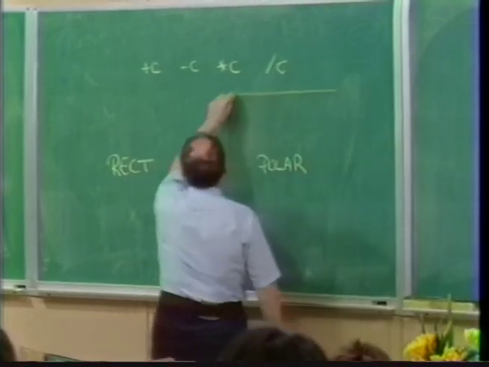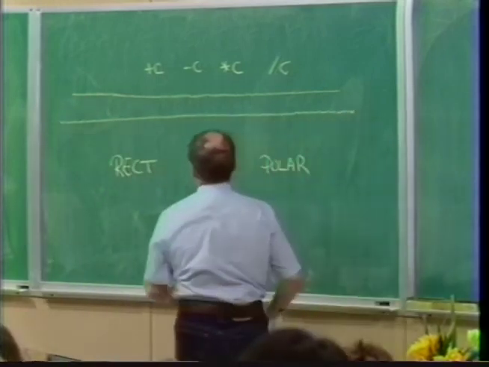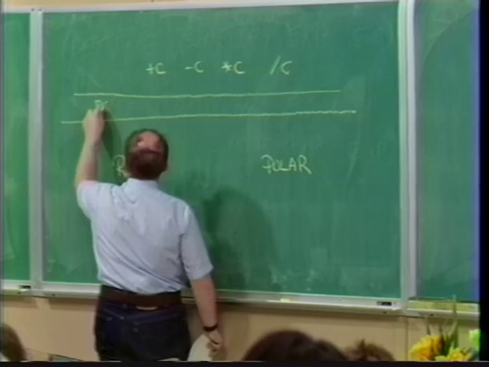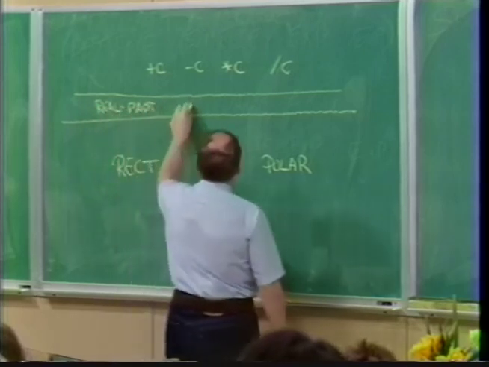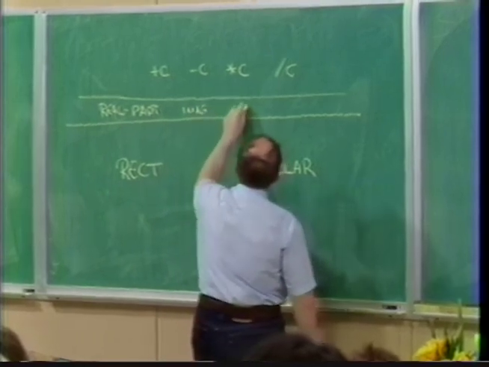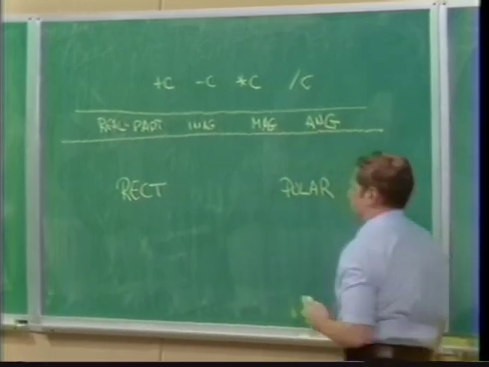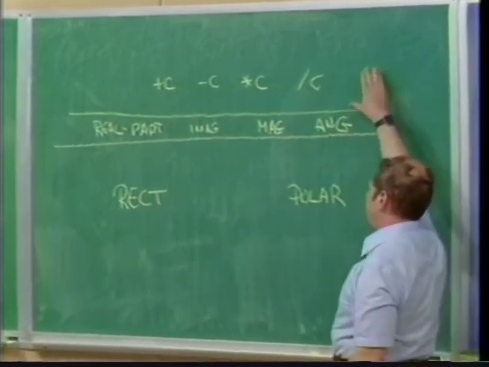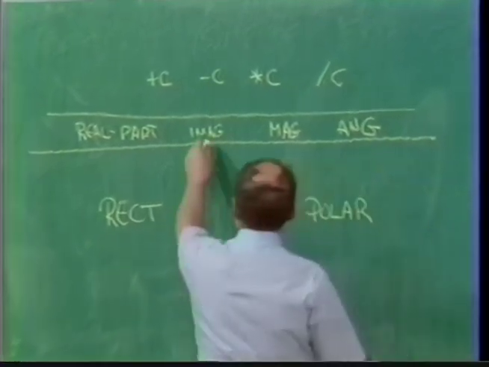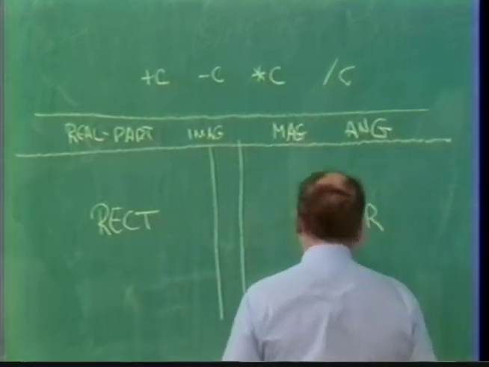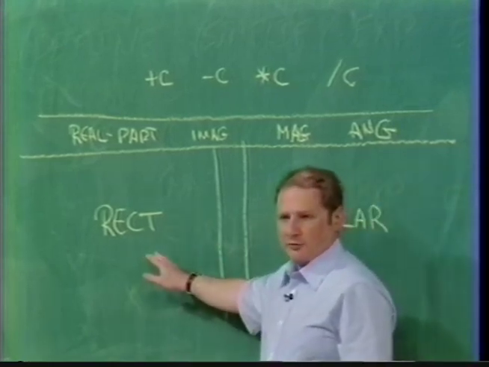In other words, not only we'd like an abstraction barrier here that has things in it like real part and imaginary part and magnitude and angle, so not only is there an abstraction barrier that hides the actual representation from us, but also there's some kind of vertical barrier here that allows both of these representations to exist without interfering with each other.